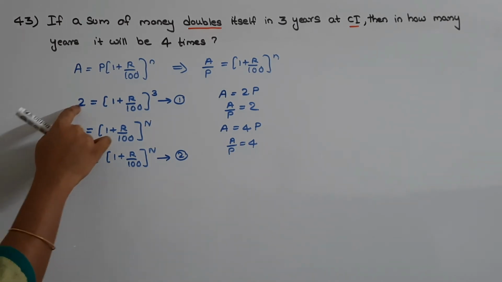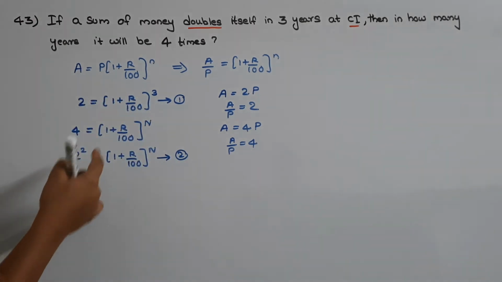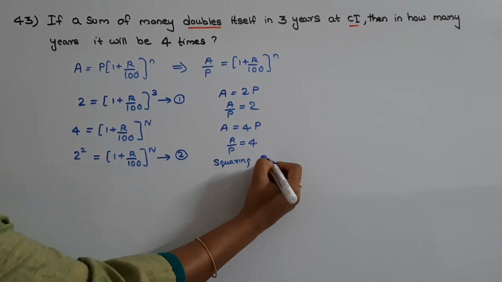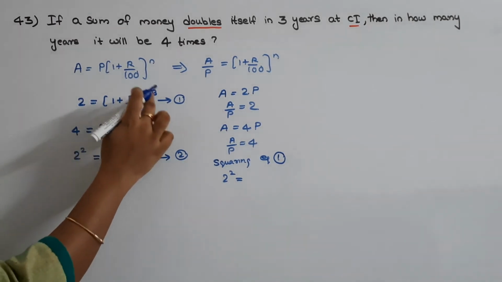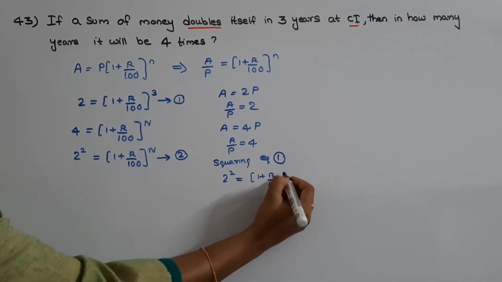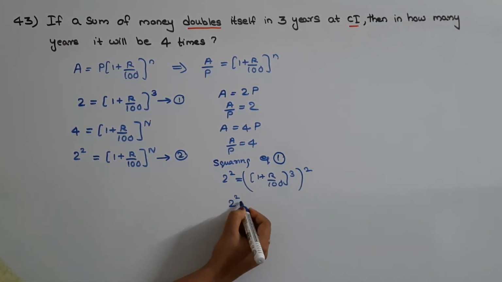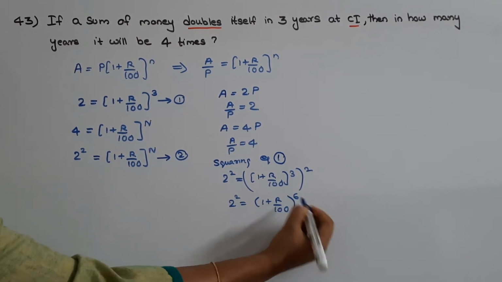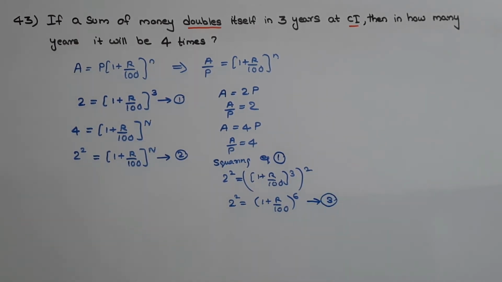Now let us square this first equation on both sides, LHS as well as RHS. Squaring equation 1, we will get 2 square is equal to 1 plus r by 100 whole cube whole square. So what will be this? 2 square is equal to 1 plus r by 100 to the power of 6. Let us consider this as equation 3.